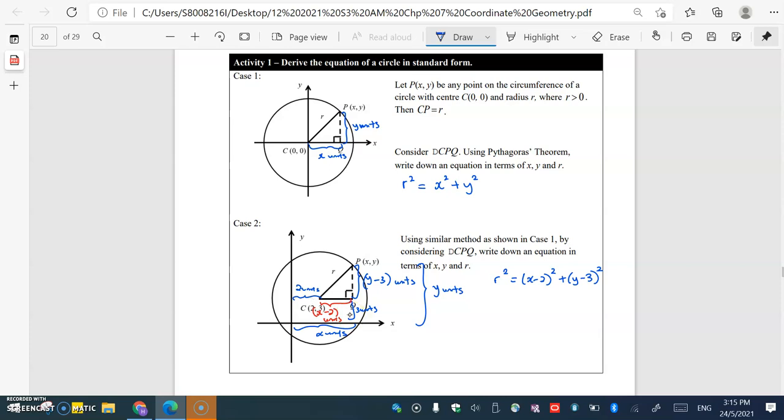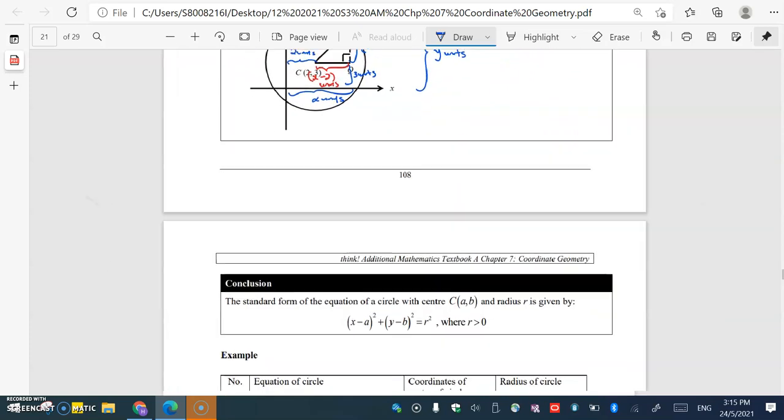So what I'm trying to drive at is, if we want to find the radius, in fact, if we want to find the equation of a circle, it can be formed by considering the right-angled triangle inside. So we know that the radius square is essentially the vertical height square plus the horizontal length square.